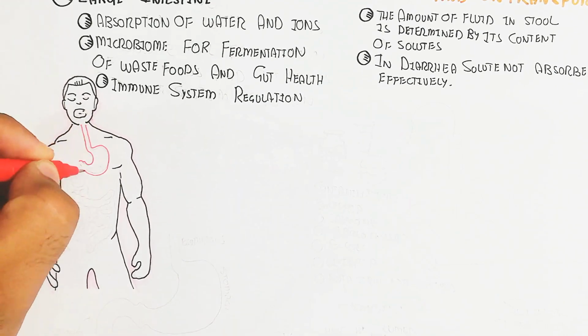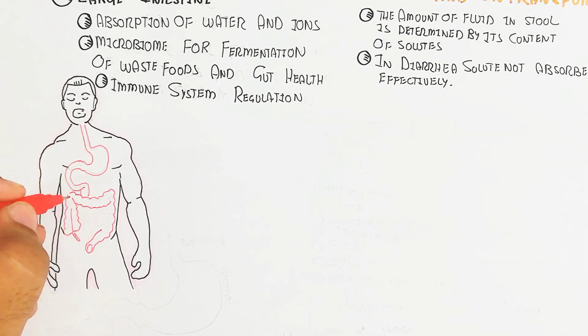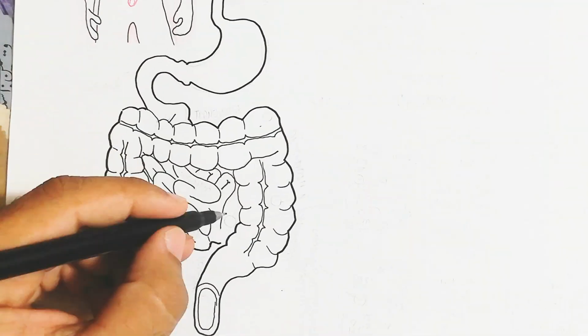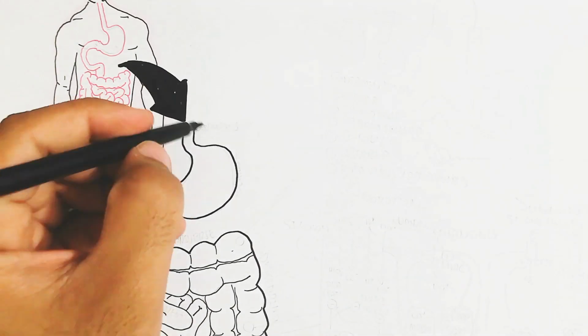The digestive system contains the stomach, duodenum, small intestine, ileum and jejunum, and the large intestine: ascending, transverse and descending colon, sigmoid, rectum and anus. This is the large intestine.